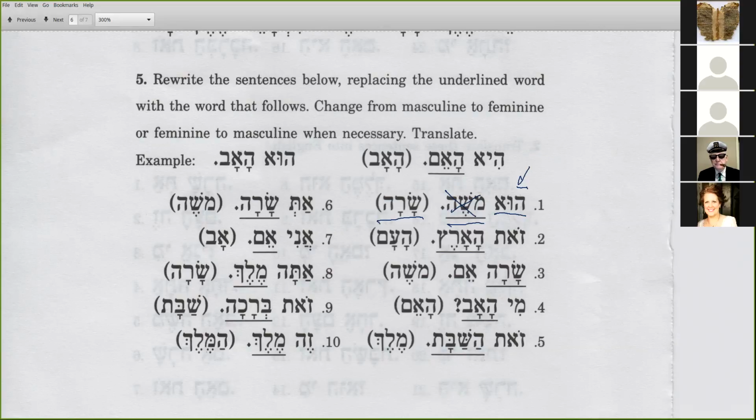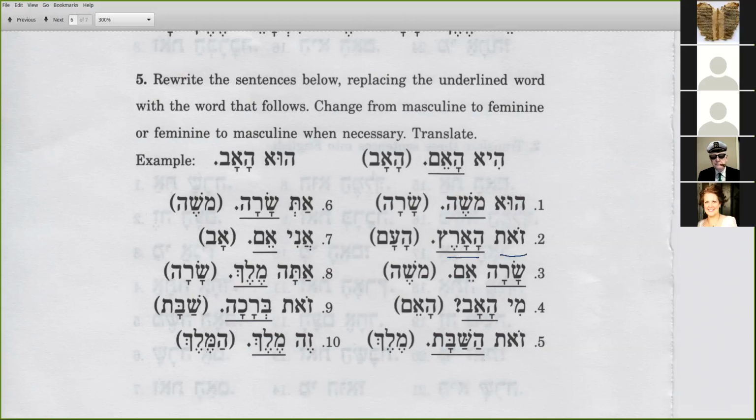It would be "hi." That's right. Very good. So it would look like this. My yod is a little out of sorts today. There we go. Well, that's probably not the best aleph either, but you get the idea. "Hi." All right. Let's go to number two.